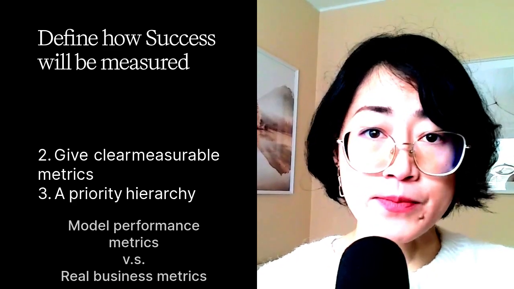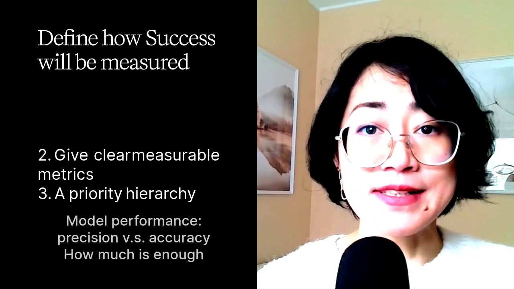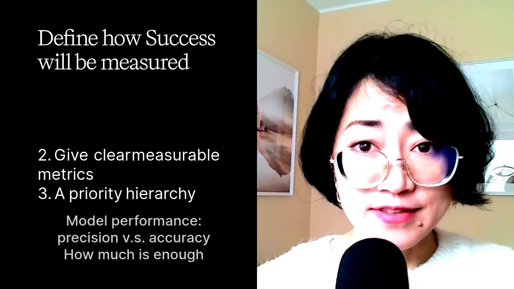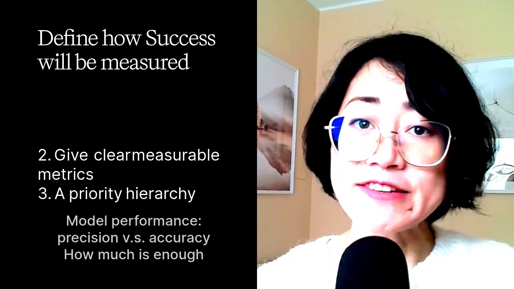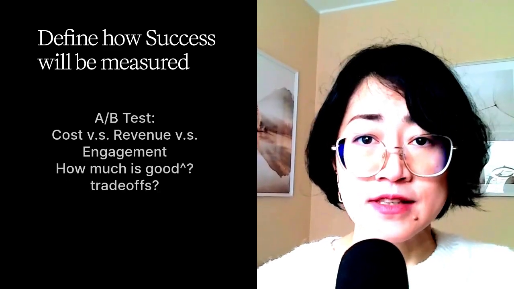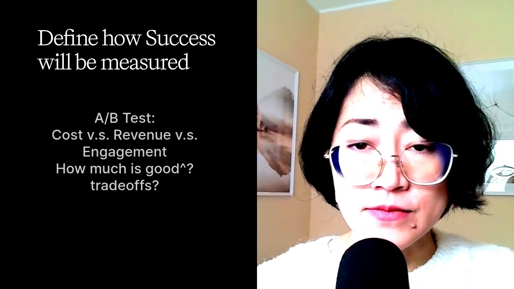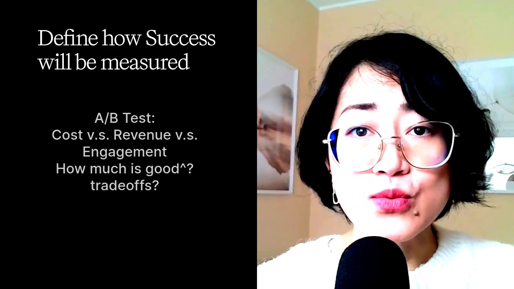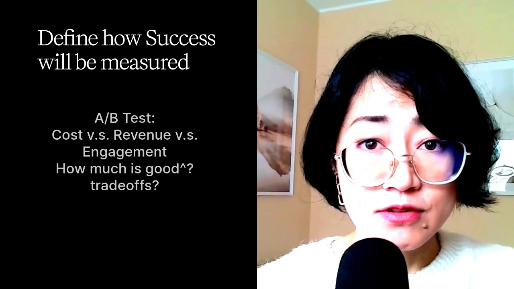If the model performance metric, do you want to use precision or accuracy? How much do you need to improve? 75% or more than 85%? If doing A/B testing, which metric is your business KPI? Cost? Net promoter score? What could be the reasonable improvement percentage?